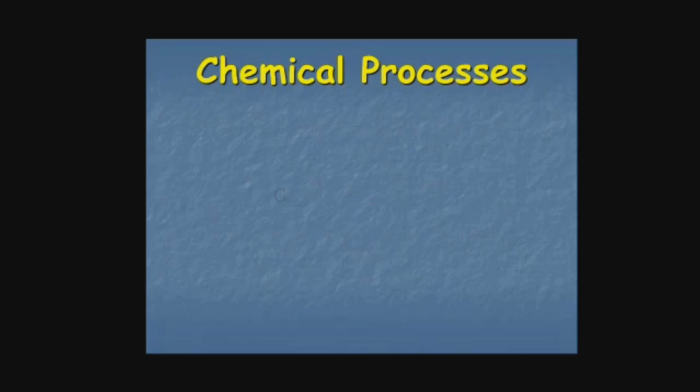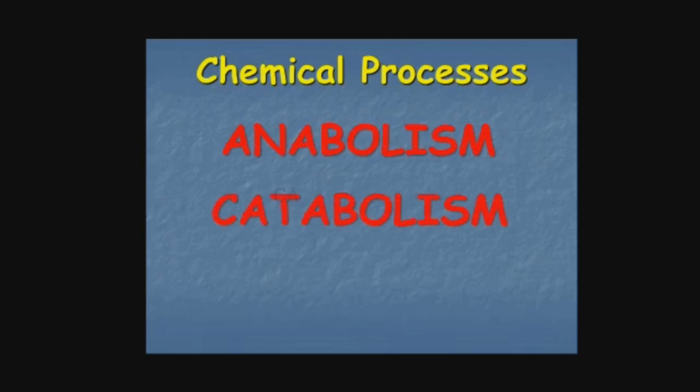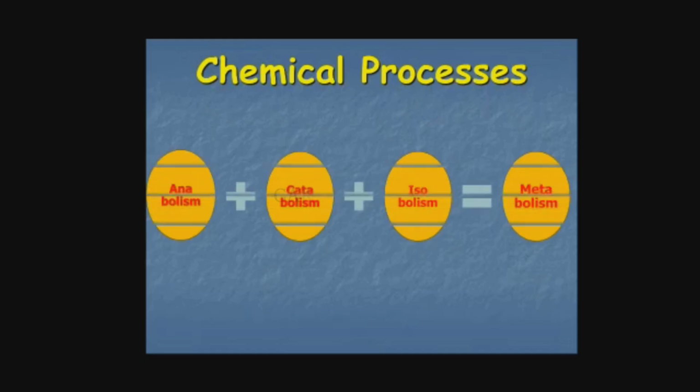In our body, three types of chemical reactions are continuously in process, and these reactions are anabolism, catabolism and isobolism. And the sum of all these reactions is called metabolism.